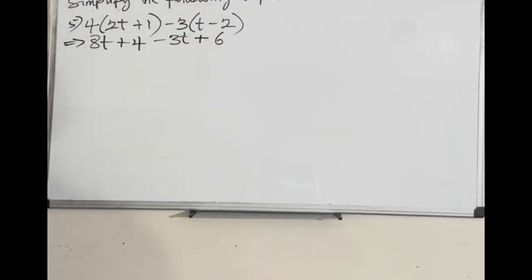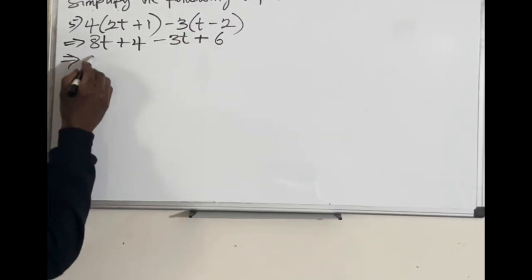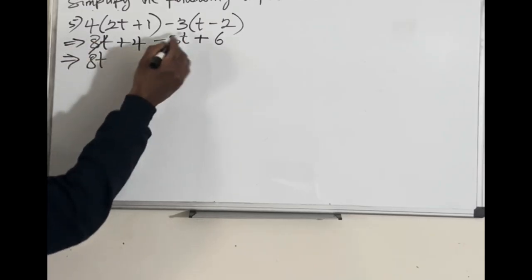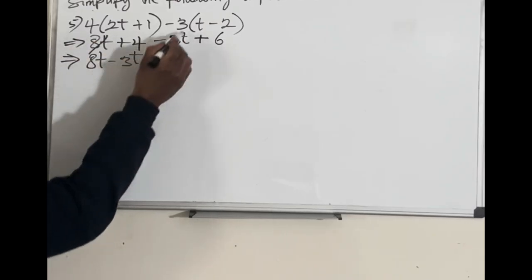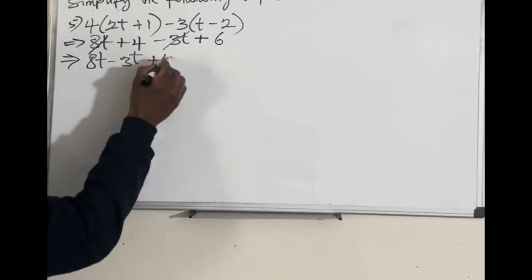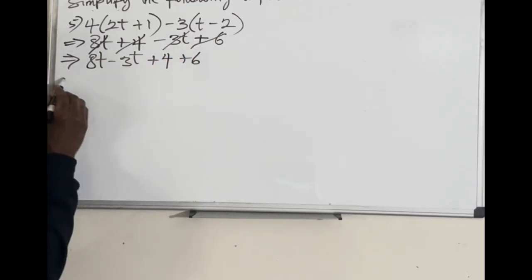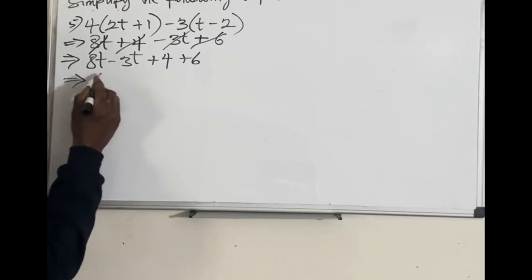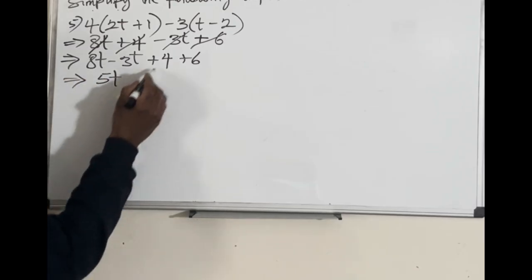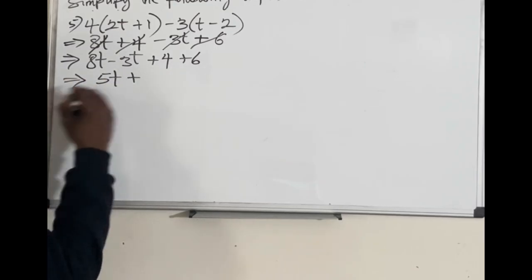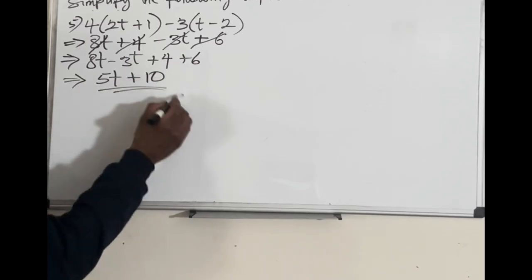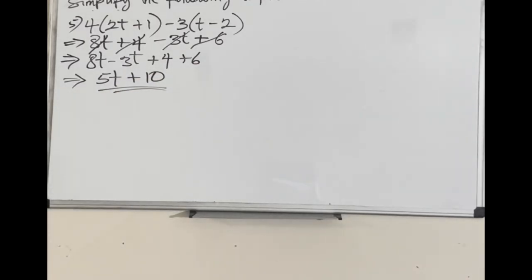Let's group like terms. 8t, cancel, minus 3t, cancel, plus 4, take it away, plus 6. The final answer will be 5t, then plus 10. Final answer.